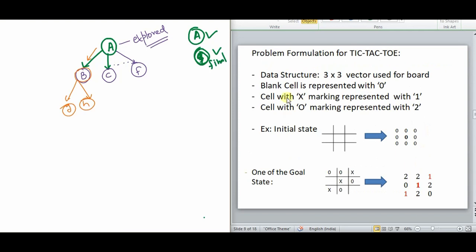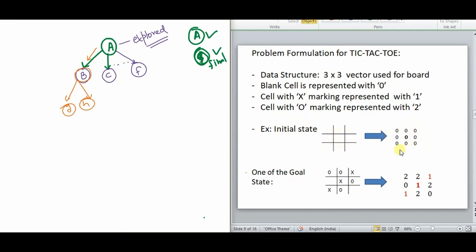Now how to formulate the problem for tic-tac-toe? First, the data structure that we are going to use will be a 3x3 vector for the board, so a 3x3 matrix or vector can be used. A blank cell is represented with 0. So the initial state can be represented like this, where all the 9 cells are blank.